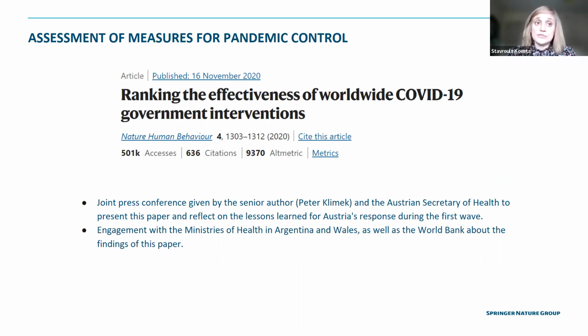The findings were striking because the authors showed that softer restrictions, which included a combination of soft measures such as scientific communication and increasing healthcare capacity, were almost as effective as complete lockdowns. So that was crucial information, and the paper had substantial impacts.